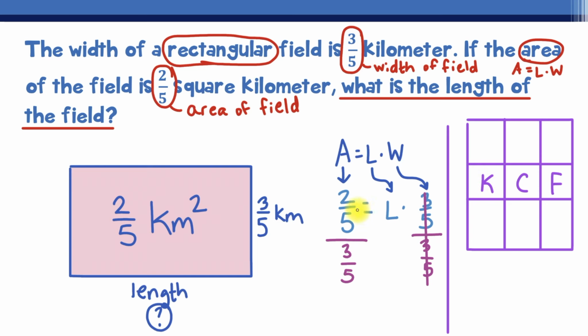And we'll fill it with exactly what it has here. 2/5 is on top, so that'll be our first value, and we'll put it here. We're dividing, so we'll put division here. And our second value is 3/5, so we'll put it here.